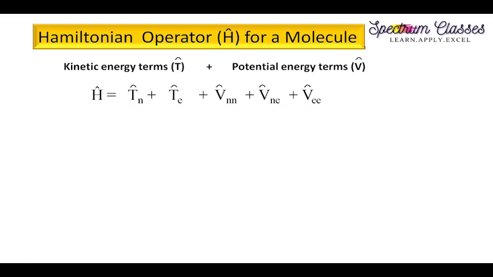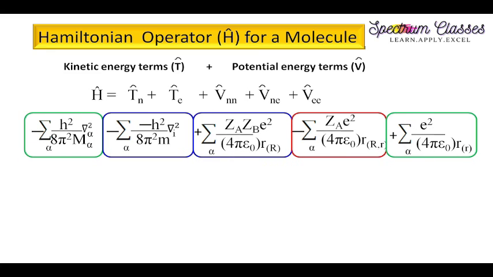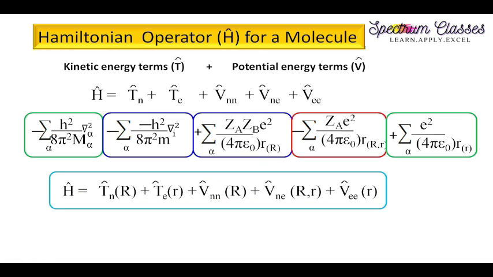Now on writing all these terms in this Hamiltonian, the Hamiltonian will look like this, right? This is minus, this is plus, this is minus again, this is plus. Fine. But writing in this manner is very difficult, so we will move with this type of representation for this Hamiltonian.